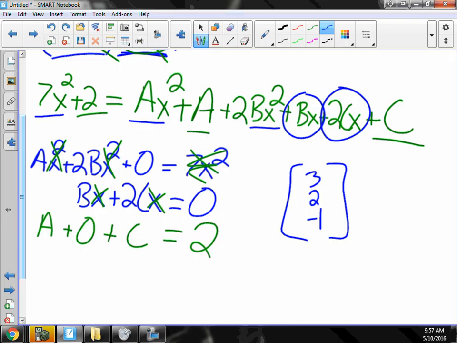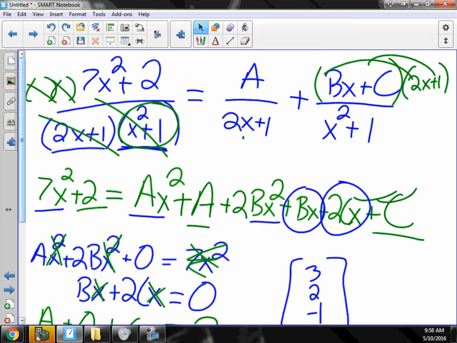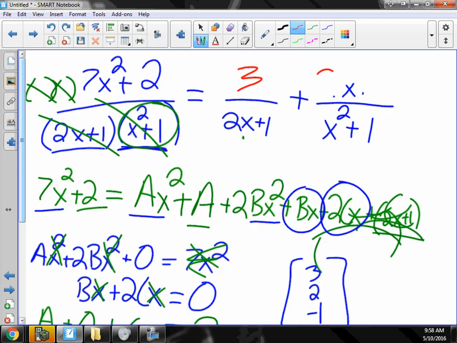So I go back to my original partial fractions. Move this out of the way. So A is the number 3, and then B is 2, and C is negative 1. So 2x minus 1 over x squared plus 1.